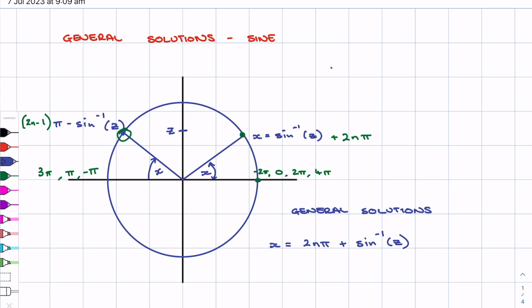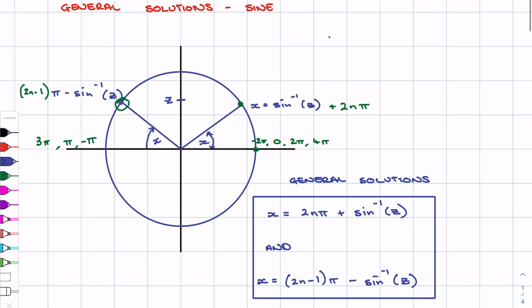And x equals 2n minus 1 pi, not plus, should be minus, sine inverse z. And they're our general solutions. So we have to consider these when we're looking at solving problems.